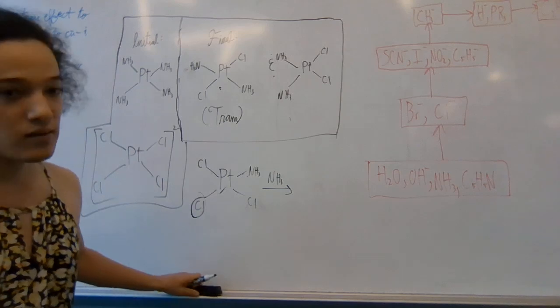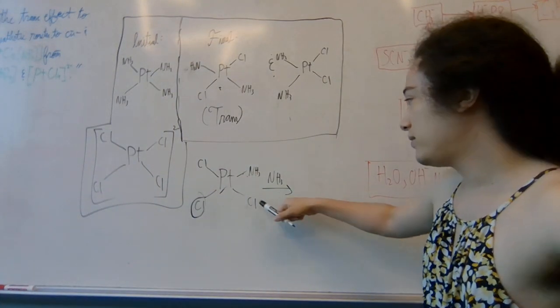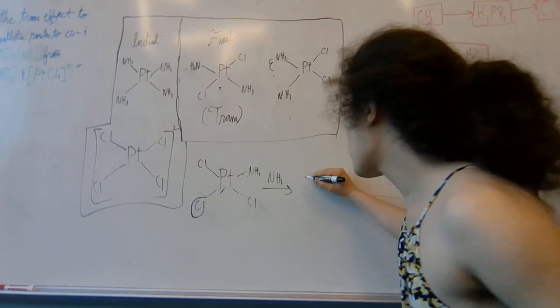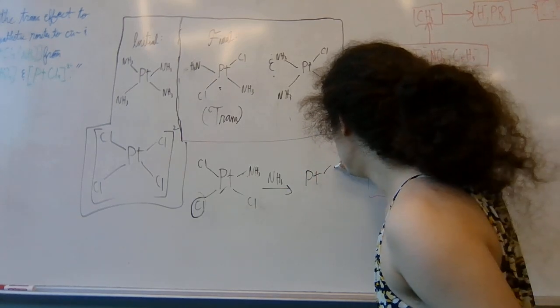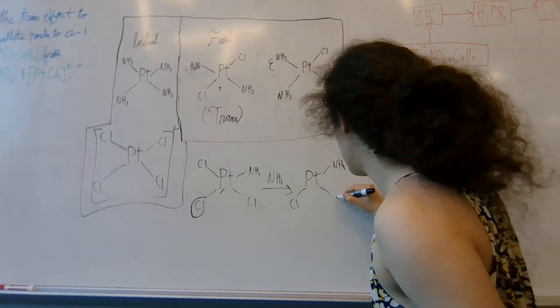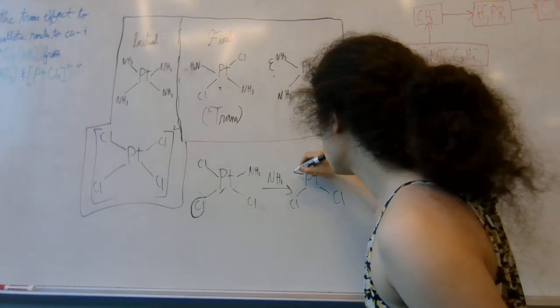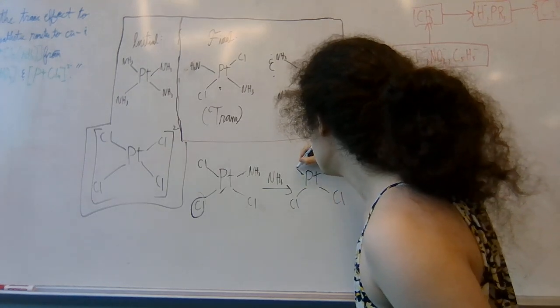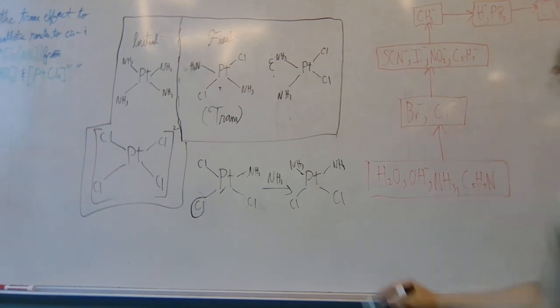So it's easiest for the NH3 to attack one of these cis chlorides. And that's how we end up with a cis configuration.